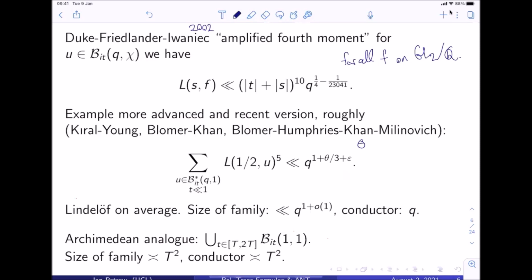So this theta is the best bound towards the Ramanujan conjecture for Maass forms.